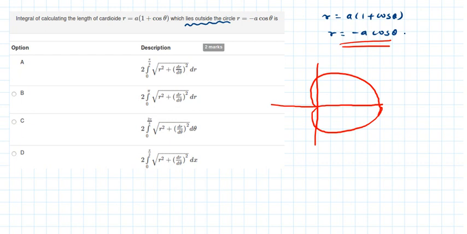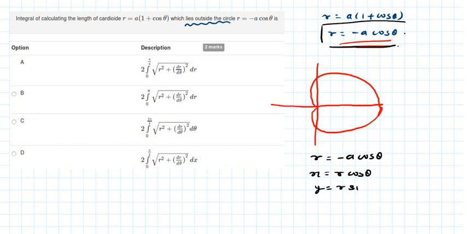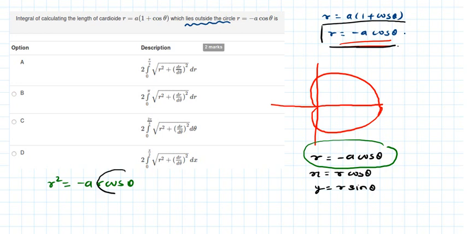Now if you don't know what this curve is, I will explain what it means. r equal to minus a cos theta. We know the relationship between Cartesian and polar coordinates, that is x is equal to r cos theta and y equal to r sin theta. If you multiply the given equation of the circle by r on both sides, what I will get is r square equal to minus a r cos theta, and this r cos theta is nothing but x.